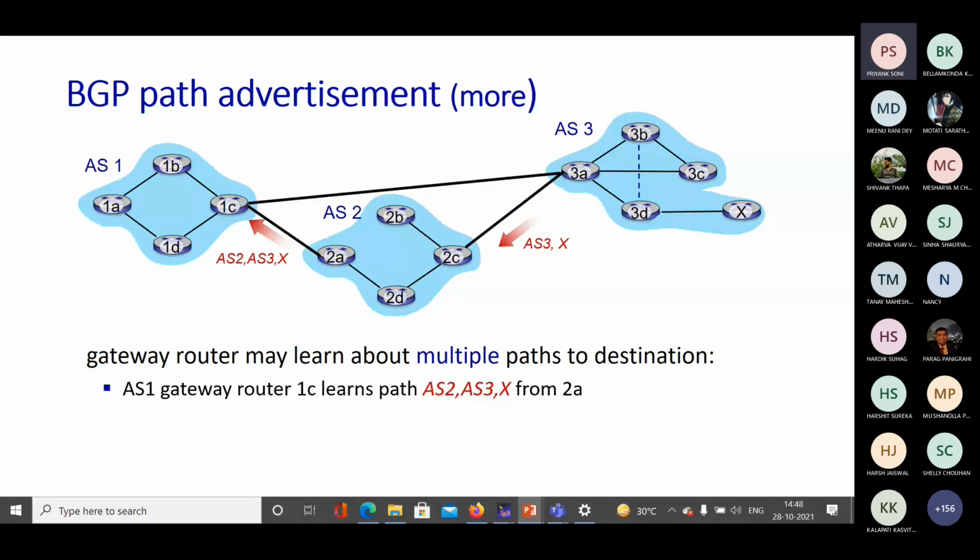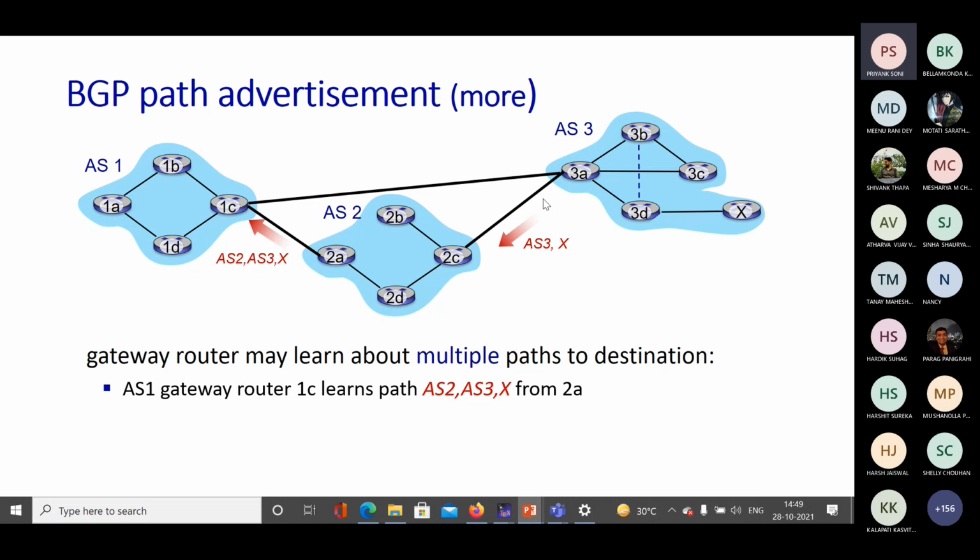Now, what happens if you have multiple paths to a given destination? In that case also, the router will definitely get to know that there are multiple paths to a given destination. Like here, you have a direct connection between 1C and 3A, that is, AS1 and AS3 are connected directly. And as was given in the previous slides, there is a connection from AS1 to AS3 via AS2.